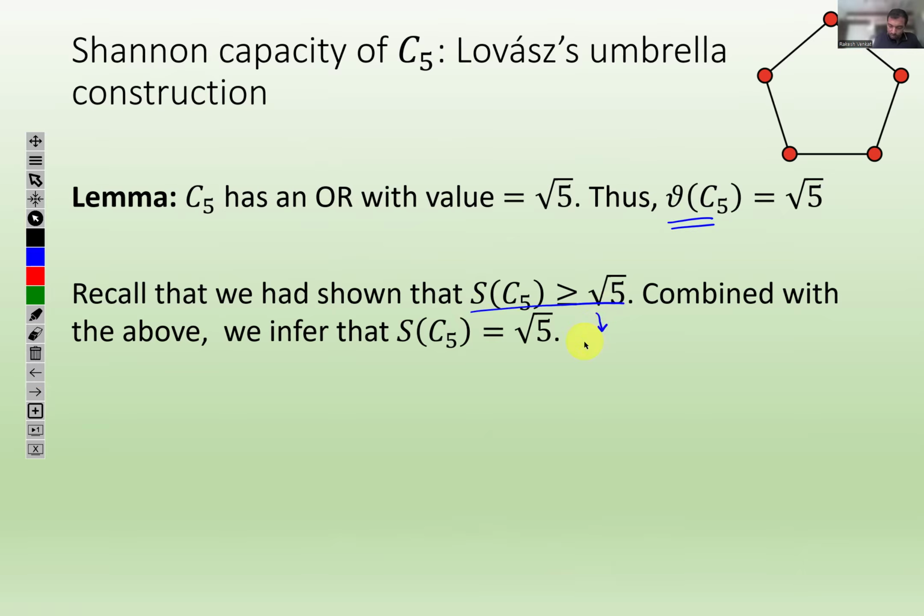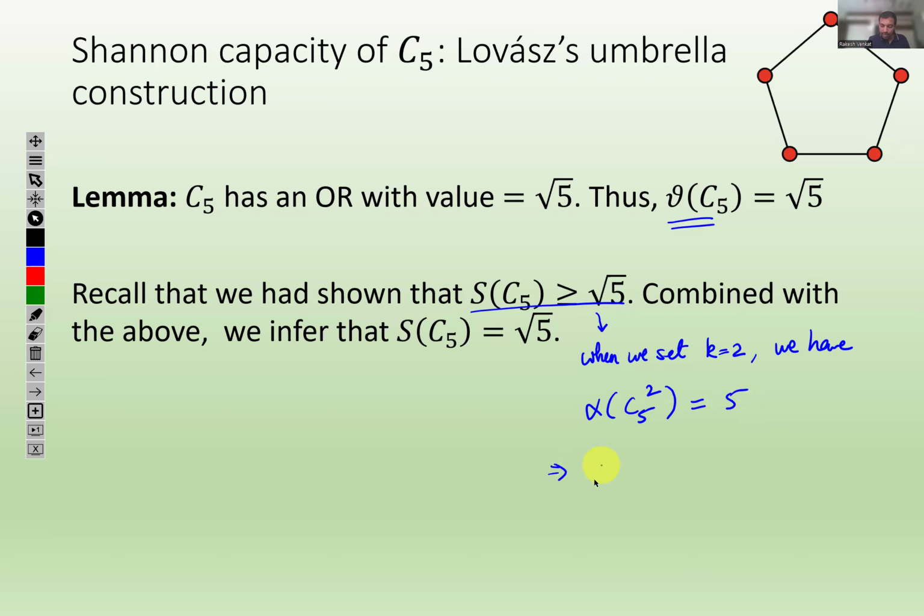So why is this true? We looked at alpha of C5 squared, and we kind of brute-forced our way into showing that alpha of C5 squared is actually equal to 5, right?